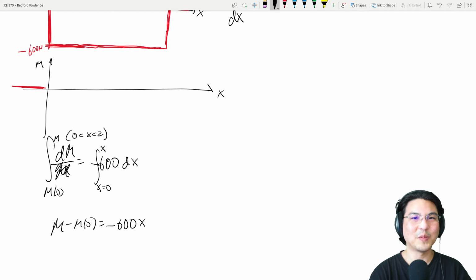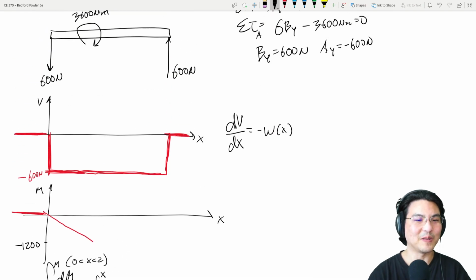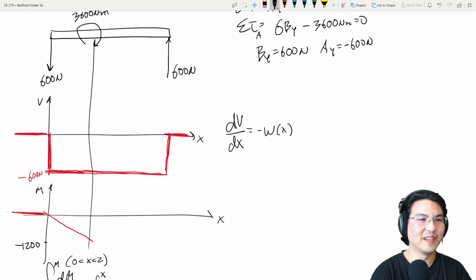It's just a slope of negative 600, kind of like this. And then at x equal to 2, it should be down at negative 1200.